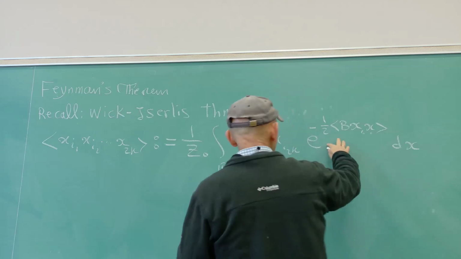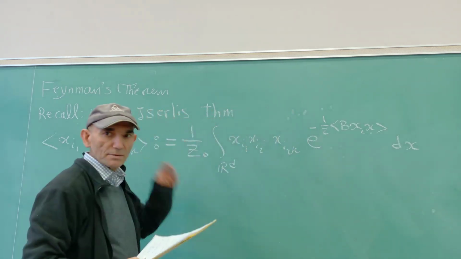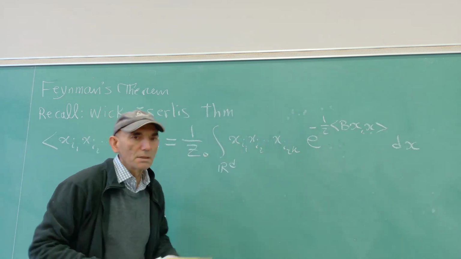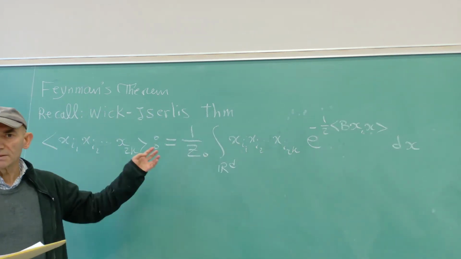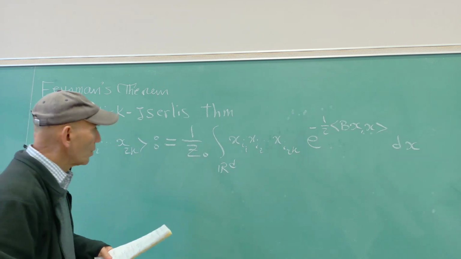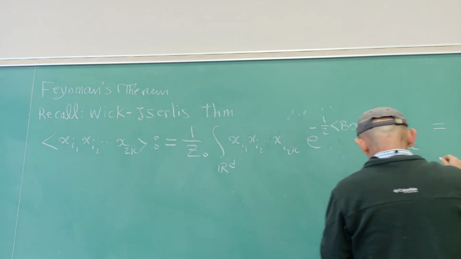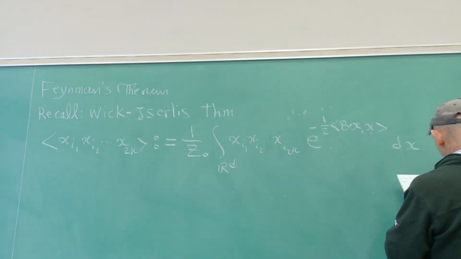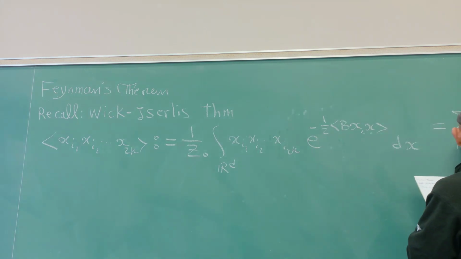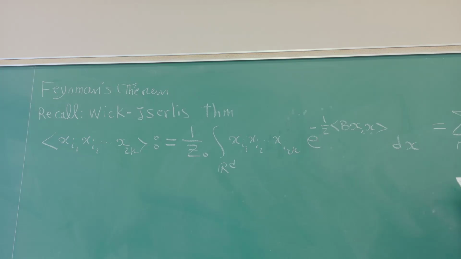So this is a d-dimensional Gaussian, and so Wick's theorem tells us what that is. The theorem says that this is actually equal to a sum over all pairings belonging to P2k, for now just use this notation, of the product of xi, xj.